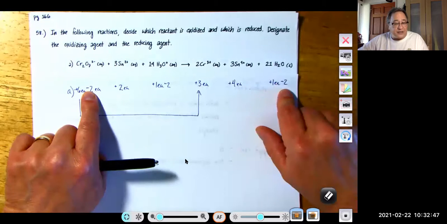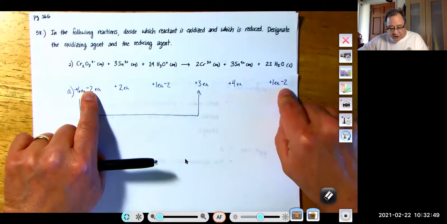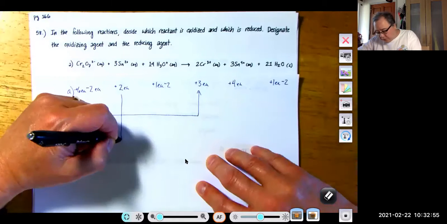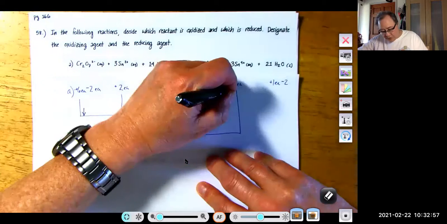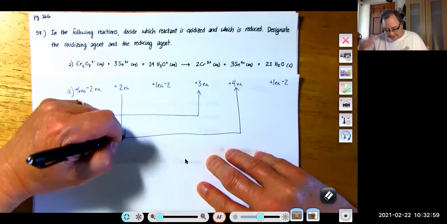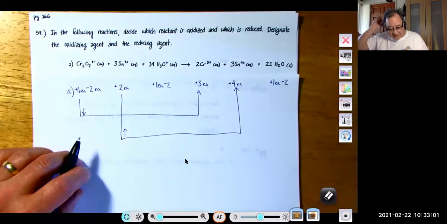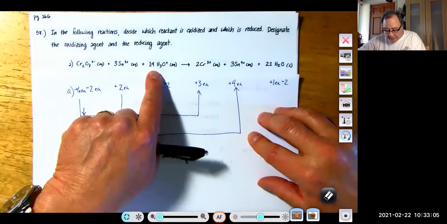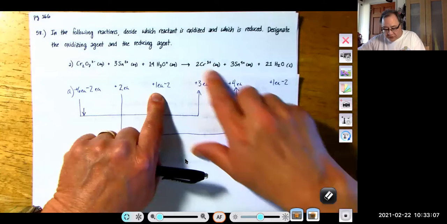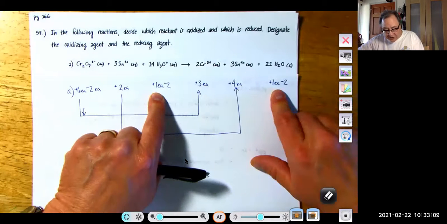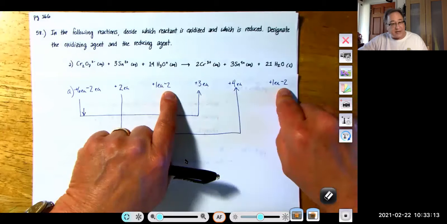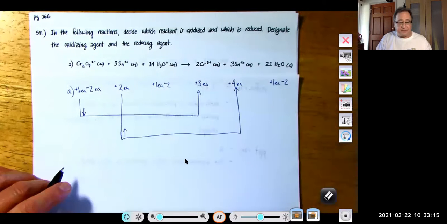So the oxidation number on oxygen has not changed. On tin, it's gone from a +2 to a +4, which is an increase. Here, these hydrogens have gone from a +1 to a +1, so they have not changed. And this oxygen was a -2, and over here it's still a -2, so it hasn't changed.